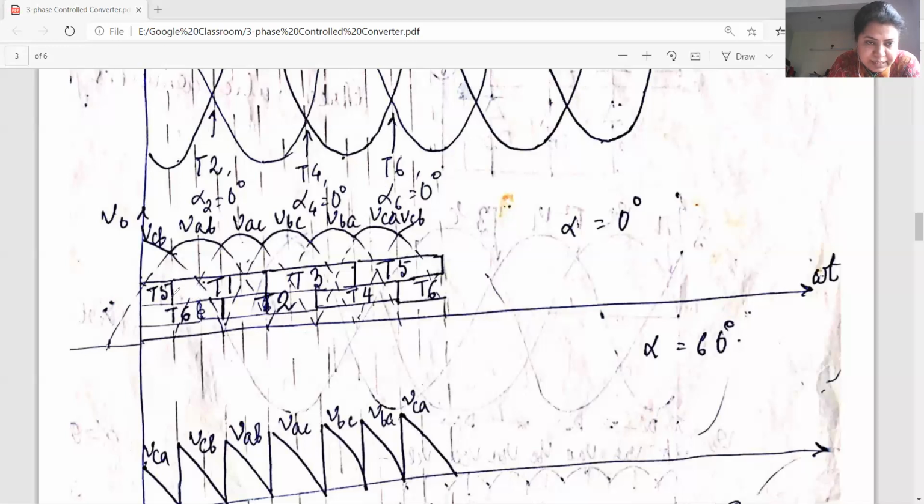So from this instant to this instant, that is from omega t equal to 30 degree, or alpha equal to 0 degree for T1, to alpha equal to 60 degree for T1, similarly from this instant to this instant 1 and 6 will be conducting.